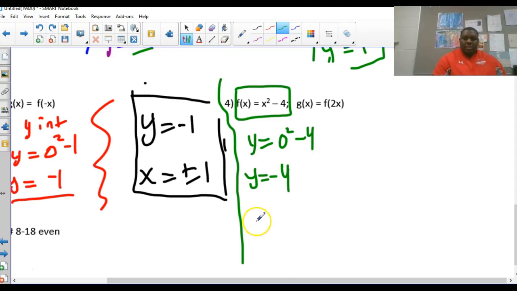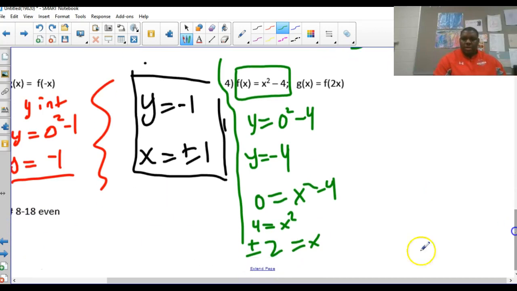For the x-intercept, you make y 0. You're going to add 4 over, and then square root both sides, you get plus or minus 2. Plus or minus 2 is x.